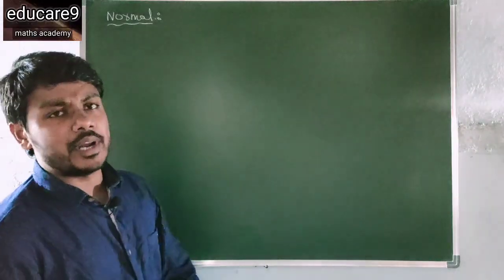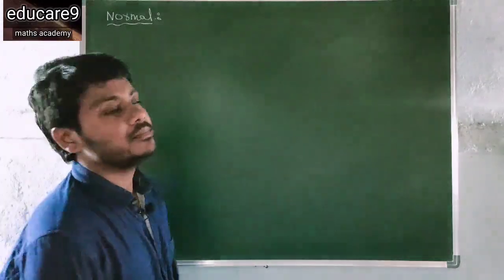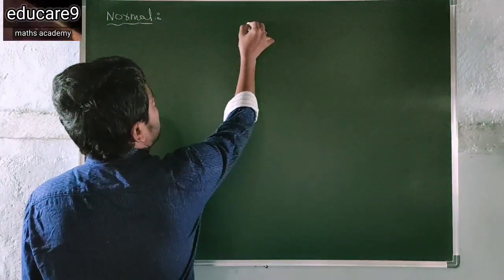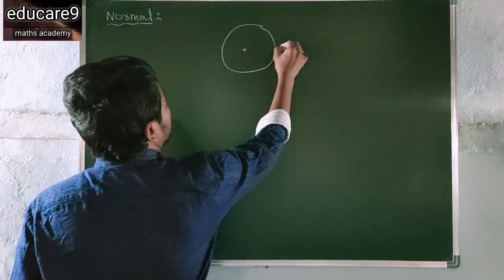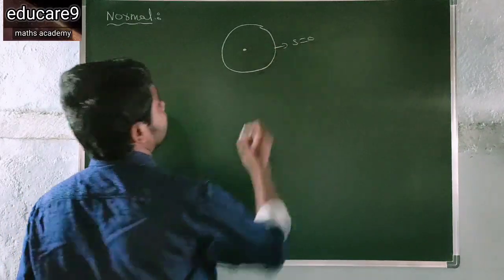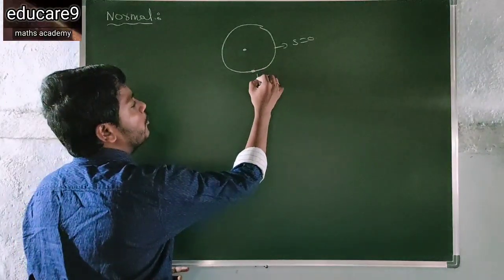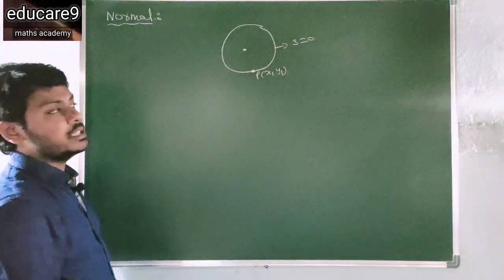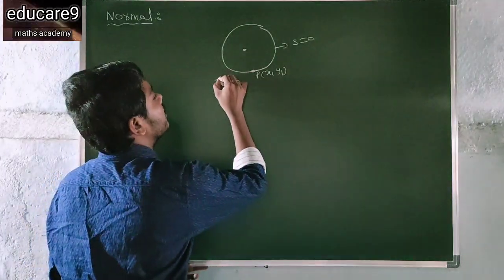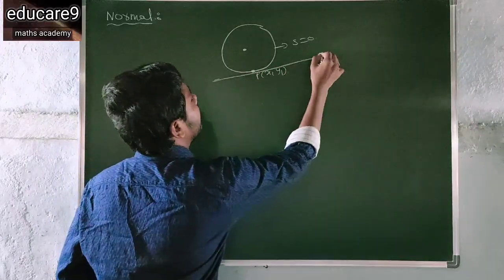So see the next one, definition of the normal. Suppose this is any circle, S equals 0, and P (x1, y1) is any point on the circle, and draw the tangent line at this point.